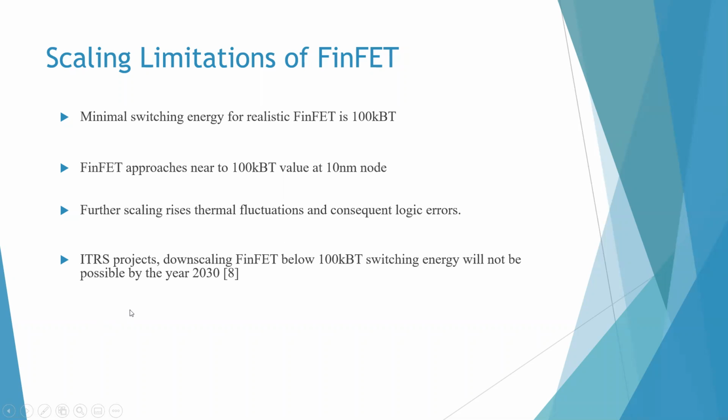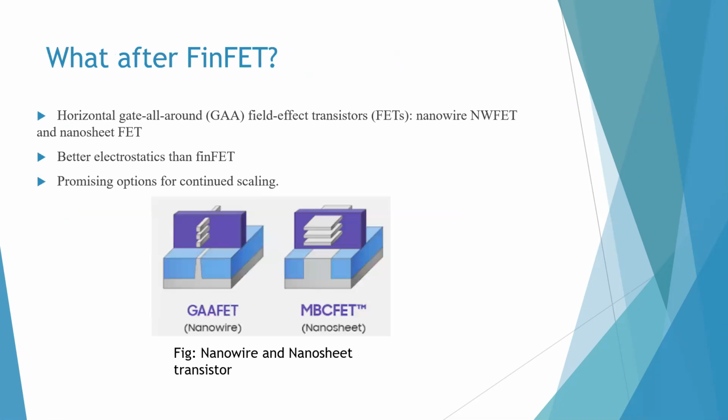So ITRS has projected that by the year 2030, further downscaling of FinFETs might not be possible while maintaining performance. Research is being conducted on alternative technologies to replace FinFET and scale transistors further to maintain Moore's law in the future.